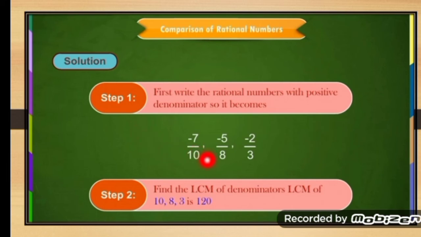We will directly take the minus sign of 8 and 3 to the numerators to make them positive. So we have these rational numbers with positive denominators. Now according to the second step, we will find the LCM of these three positive denominators. The LCM of 10, 8 and 3 is 120.